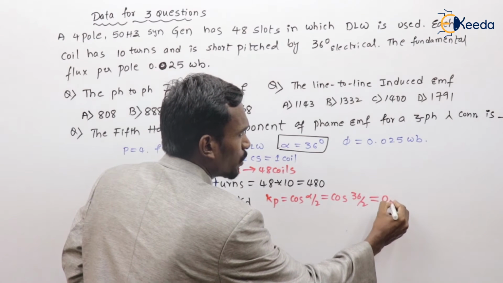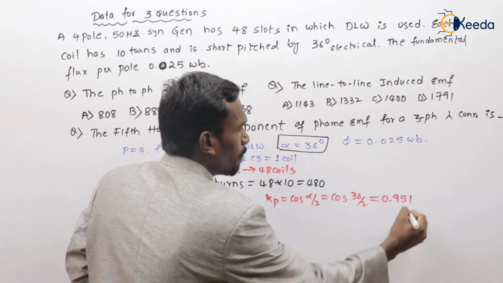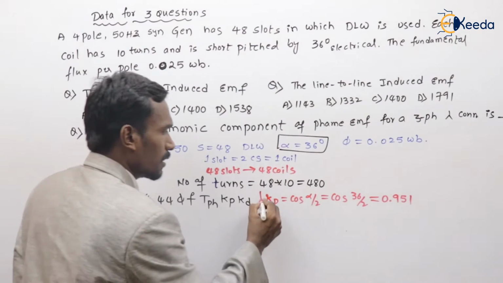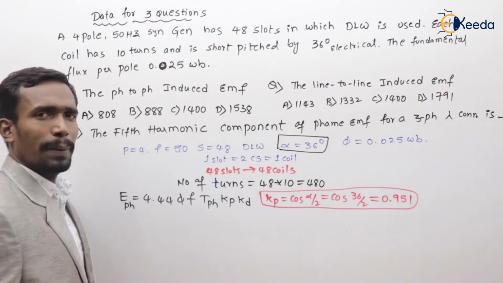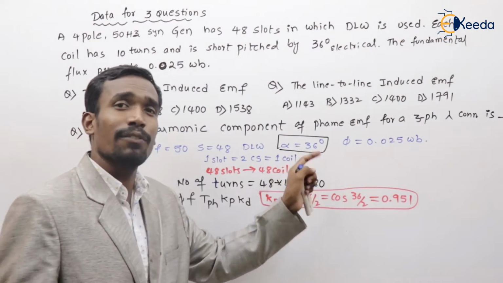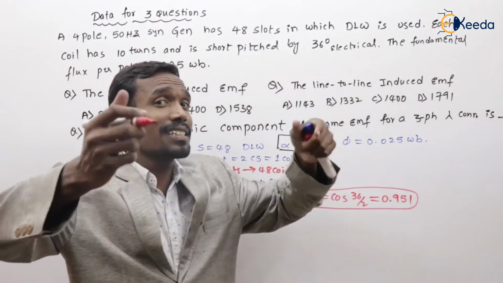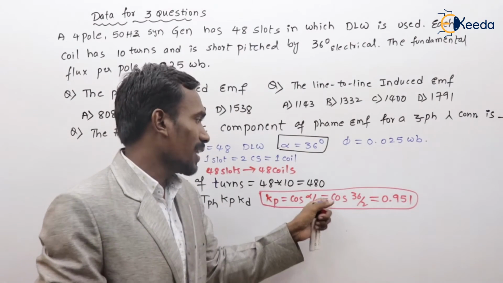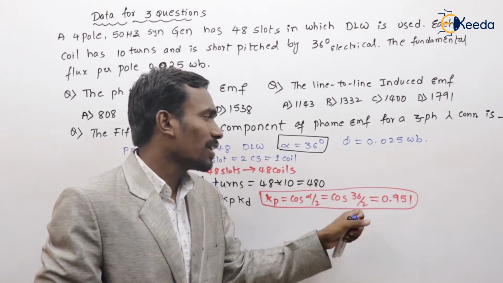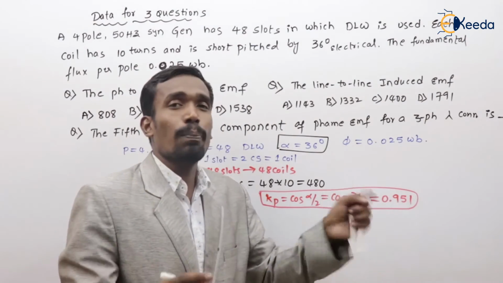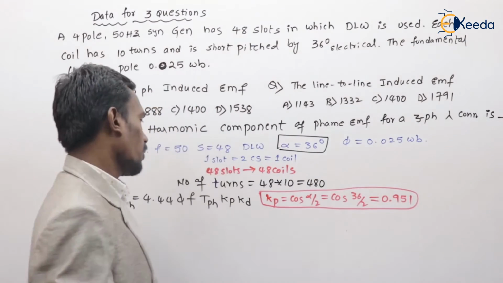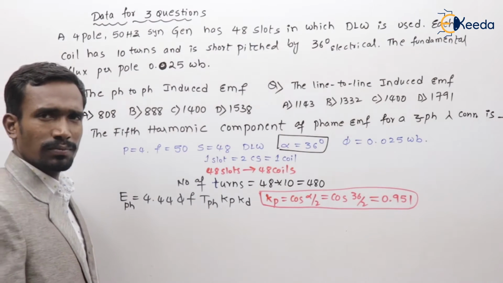Alpha is given as short pitched by 36 degrees. 36 by 2 is 18, cos 18, which is 0.951. You have to remember this value.